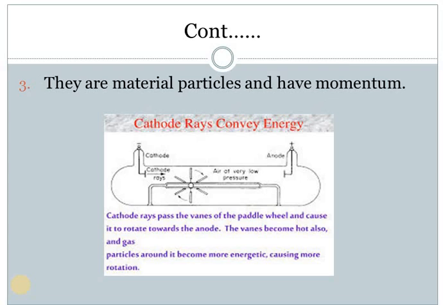Basically what is happening is that cathode rays are coming and hitting that wheel, forcing it to move in any direction, showing that the thing which is coming and hitting the wheel has certain mass, or you can say that they have energy and they are coming and hitting it and making it move.